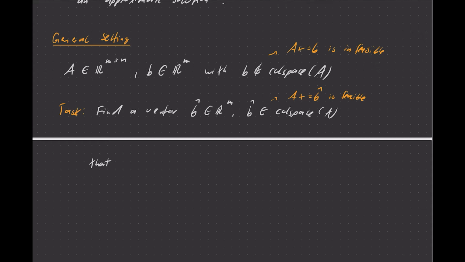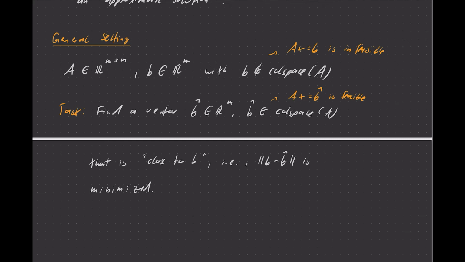And that vector needs to be close to B. And what we mean by close is the distance between those two vectors is not too large, and we measure distances usually by using norms. So the norm of B minus B hat is minimized for a given norm. Usually we'll use the Euclidean norm for this, but of course, depending on the situation, some other norm might be more suitable.